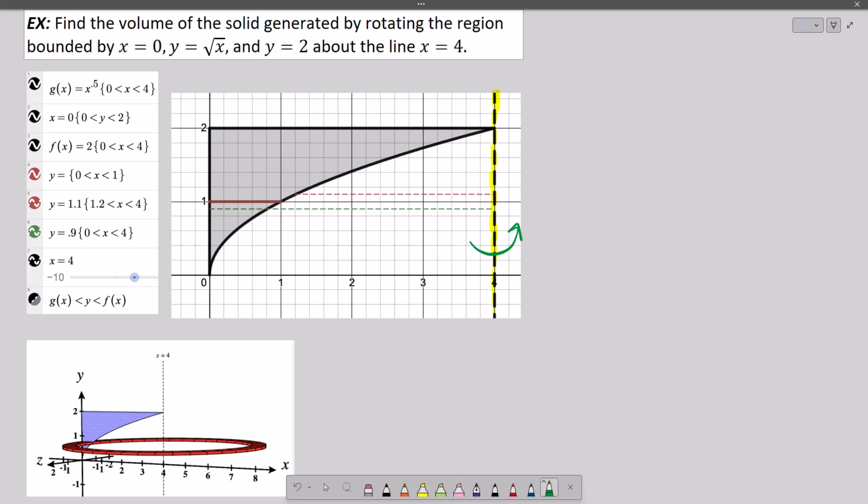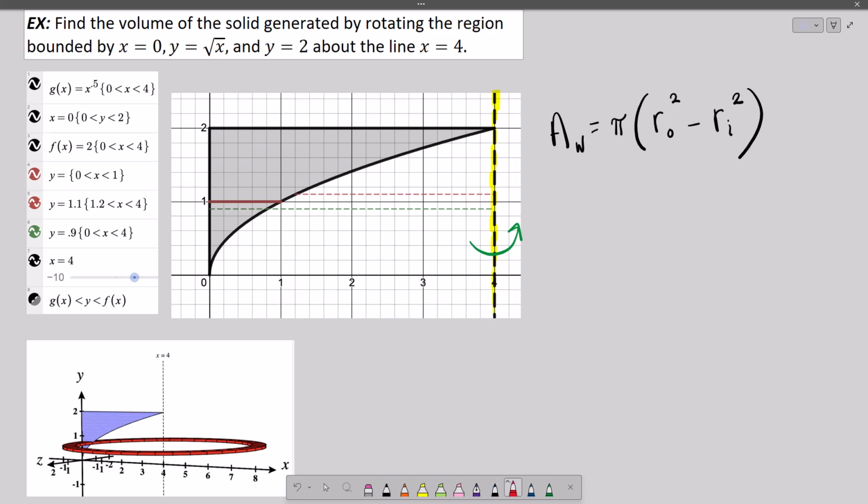Okay, so we are going to get washers. So let's find the area of our washer. That's pi multiplied by the outer radius squared minus the inner radius squared. Now again, if we stick to our basic principles, right minus left for a horizontal distance, we can do this. So we start at our axis of rotation. We start moving towards our region.